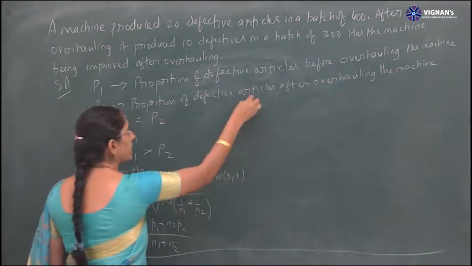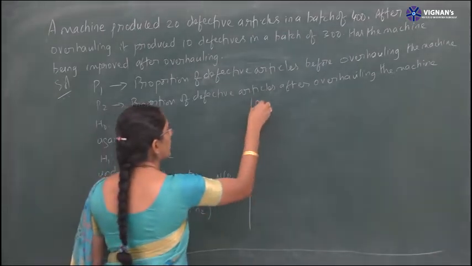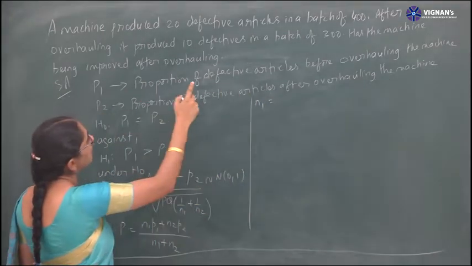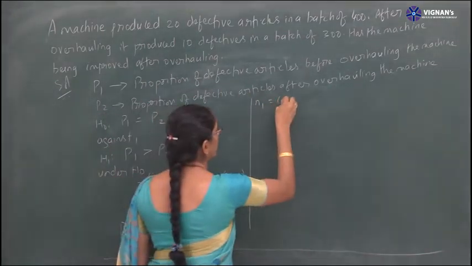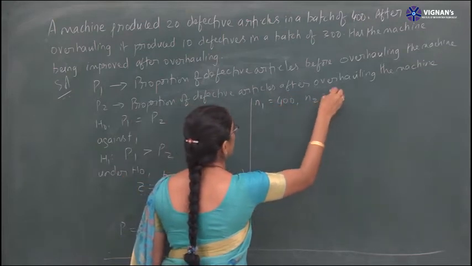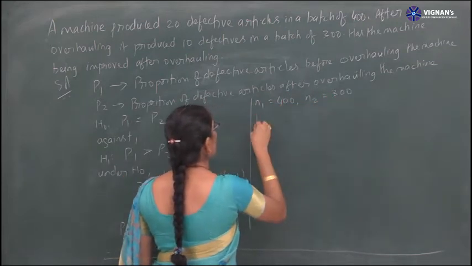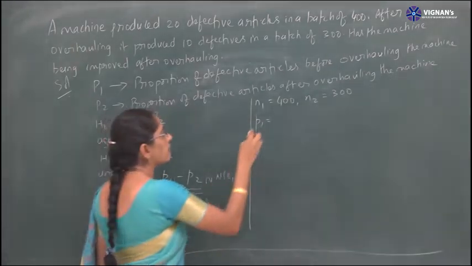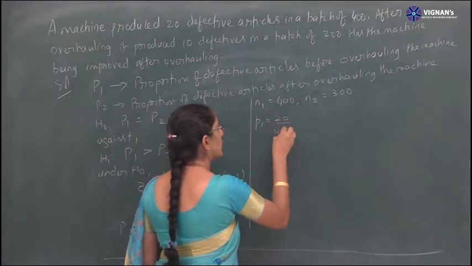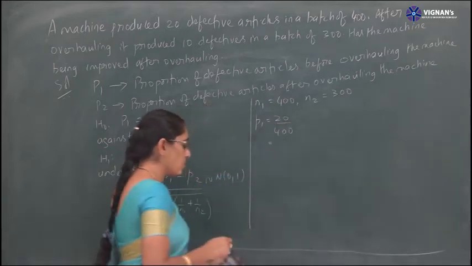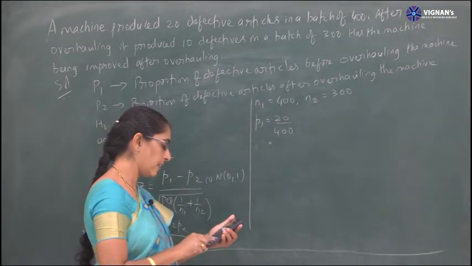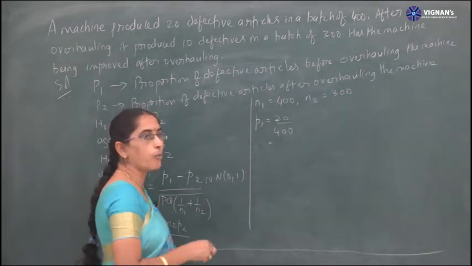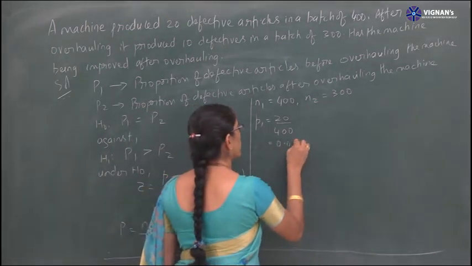Now if you write the given data here, n1 for the first sample is 400 and the second sample is 300. Out of 400, 20 are defective articles. That means small p1 equals 20 by 400, which is 0.05.